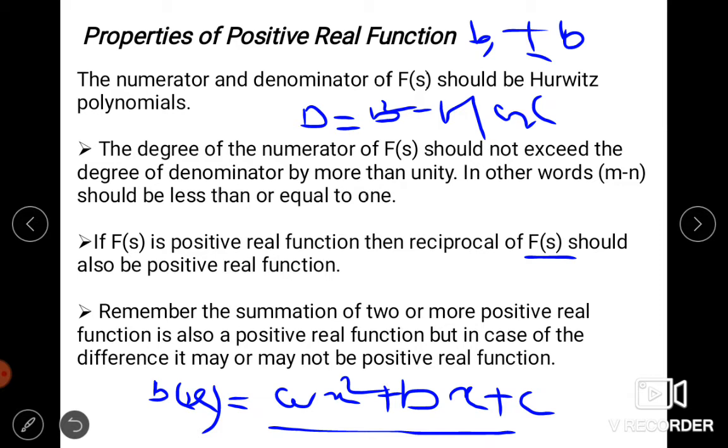There are several input conditions. F(s) should give a real value for the real value of s, and P(s) should not be a Hurwitz polynomial, means it does not satisfy the conditions.